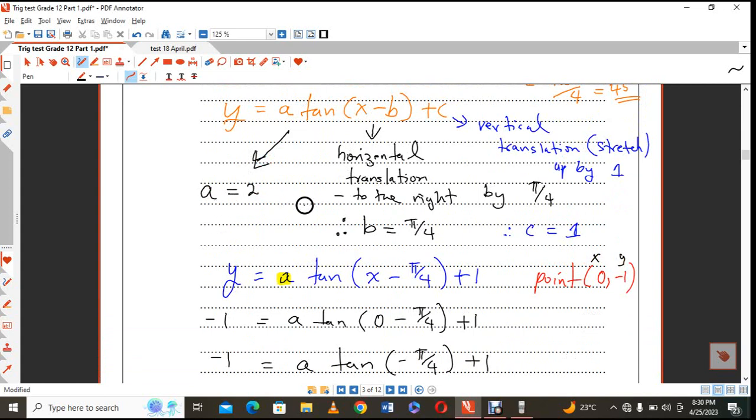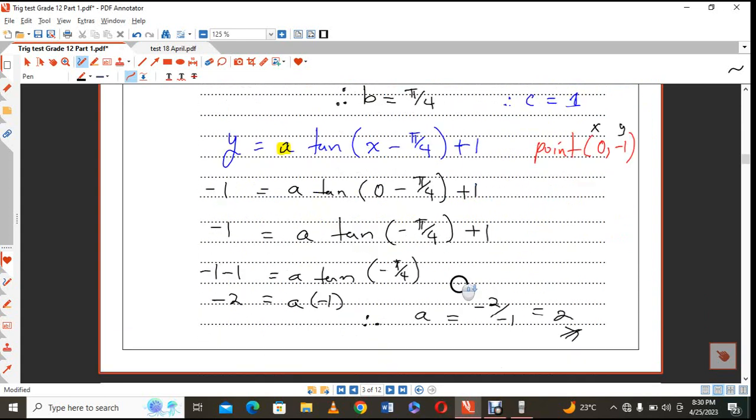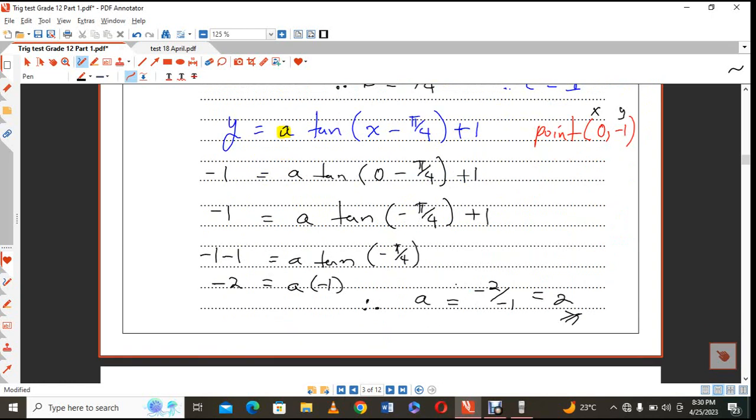That's the vertical stretch. So now we can actually write our final answer. Because I'm running out of time, you can say that a equals 2, b equals pi over 4, and c equals 1.